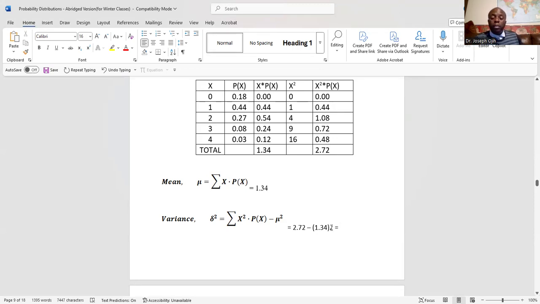So let me square it, and that will give us the variance. Write this down: 2.72 minus 1.34 squared. Go and put it on the calculator.